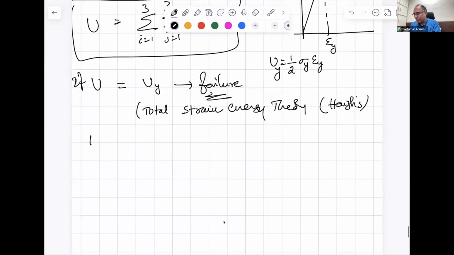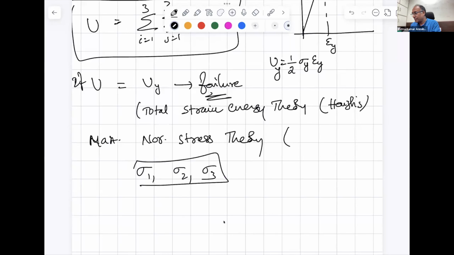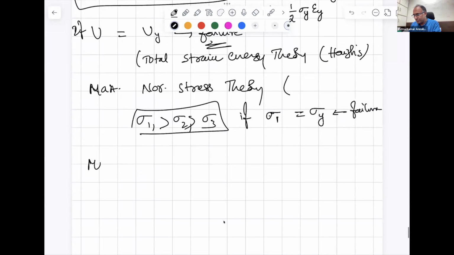And the Rankine theory, the maximum normal stress theory, also called the maximum principal stress theory, tells me: you have sigma 1, sigma 2, sigma 3, three principal stresses, right? If sigma 1 is greater than sigma 2 is greater than sigma 3, the maximum normal stress theory says that if sigma 1 becomes equal to sigma y, the yield strength of the material, that implies failure. That is Rankine theory.